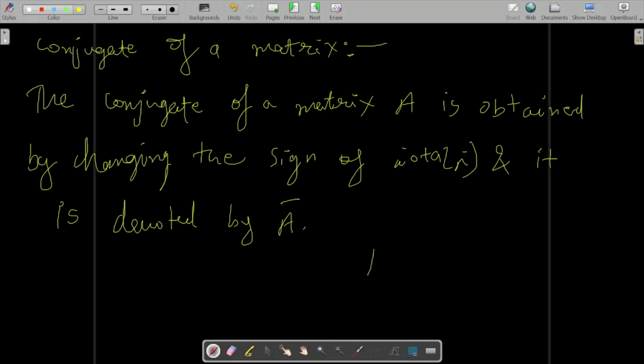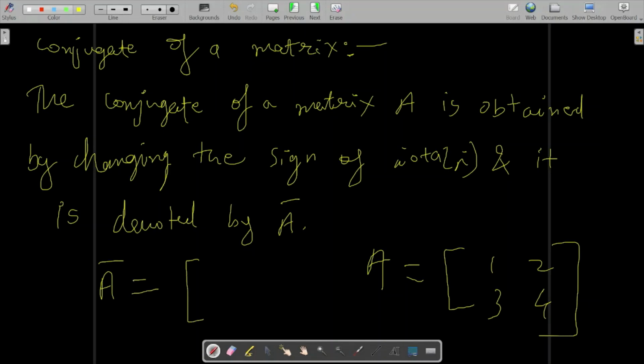So if I take an example, suppose I have this as my matrix. When I take its conjugate, it will be the same as the original matrix. Why? Because there is no imaginary term, no iota term present here.